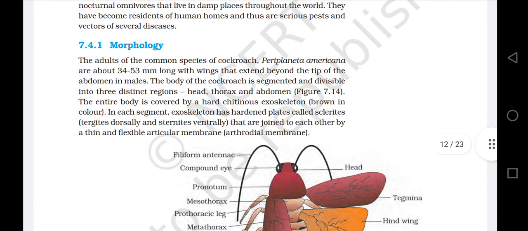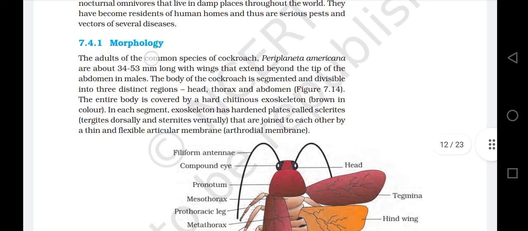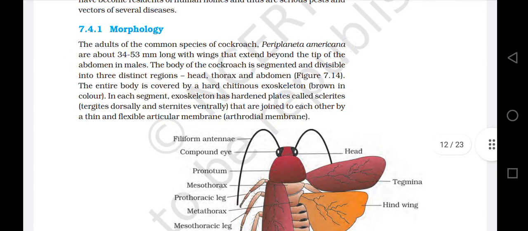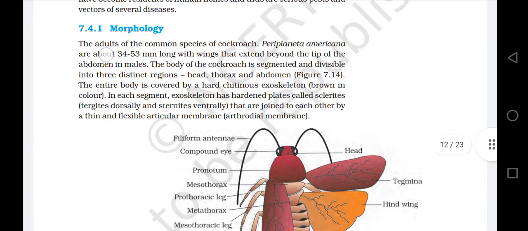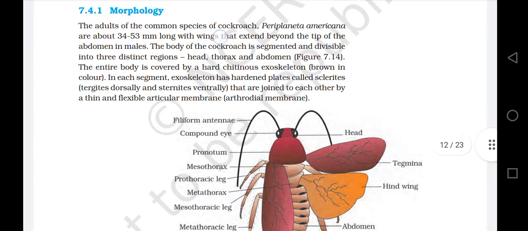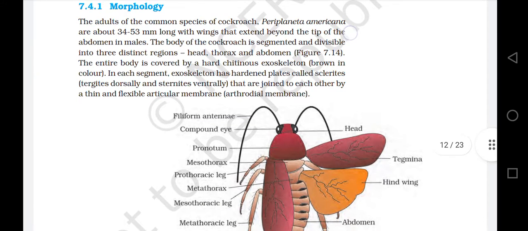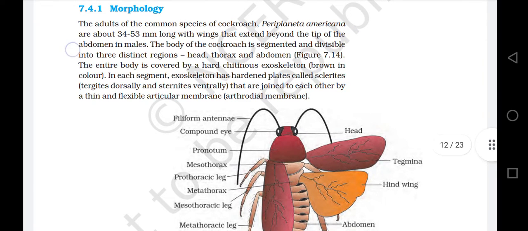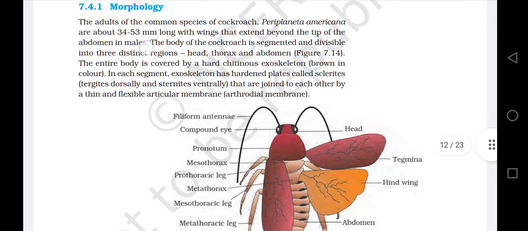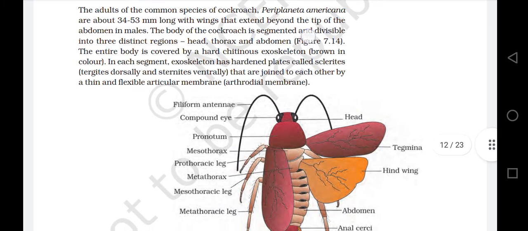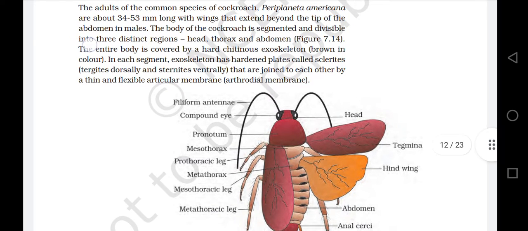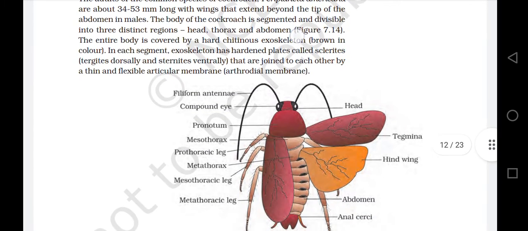7.4.1 Morphology. The adults of the common species of cockroach, Periplaneta americana, are about 34 to 53 millimeter long, with wings that extend beyond the tip of the abdomen in males. The body of the cockroach is segmented and divisible into 3 distinct regions: head, thorax, and abdomen.